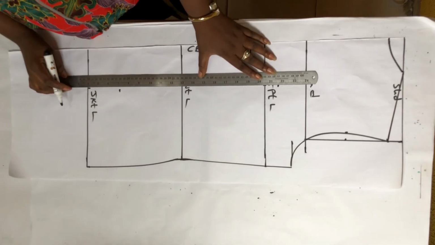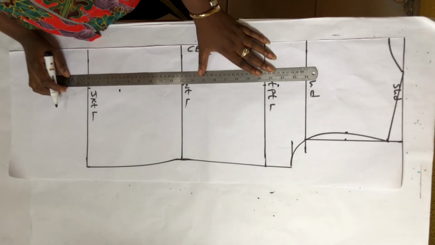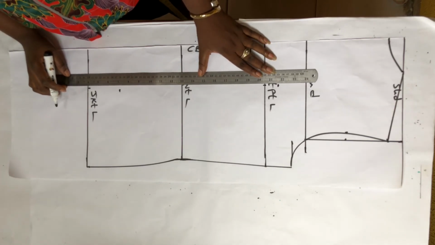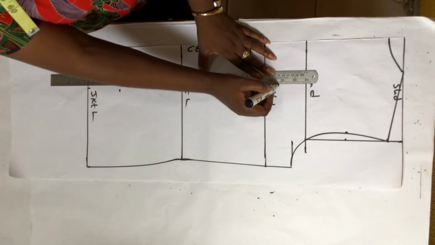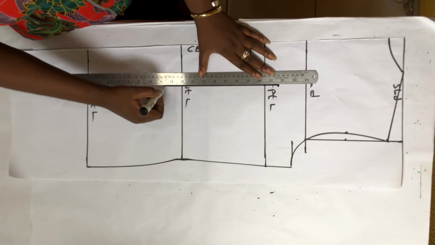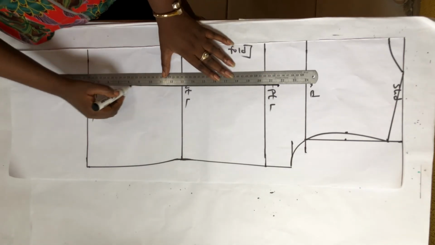I'm going to connect it now. From 1 inch above my bust point length line, I'm going to connect it into the dot on the waist, then into the dot that is 3 inches above my jacket length line.